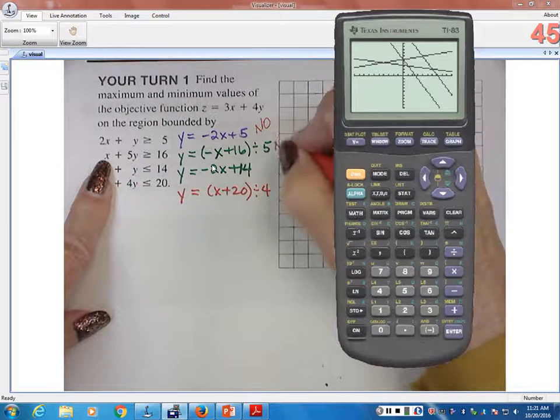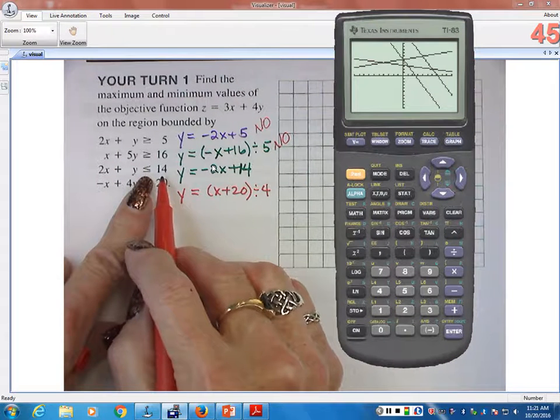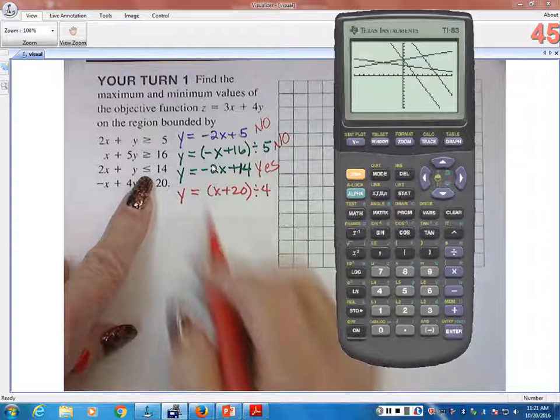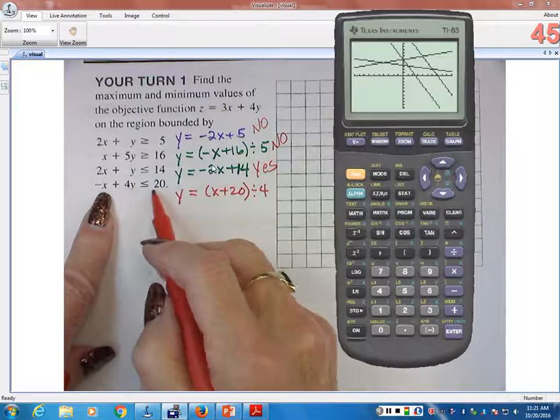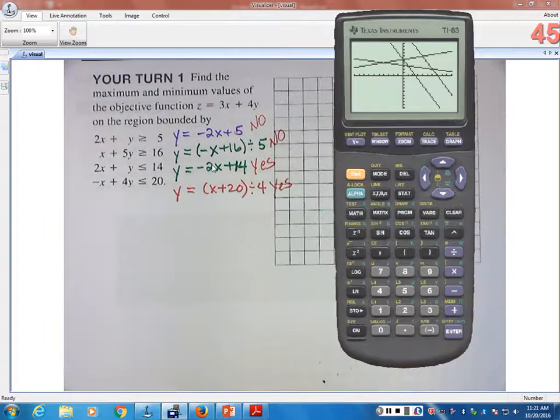No. 0 plus 0 is equal to or less than 14? Yes. 0 plus 0 is equal to or less than 20? Yes. So what that means is (0, 0) works for two of these inequalities, but not for the other two.